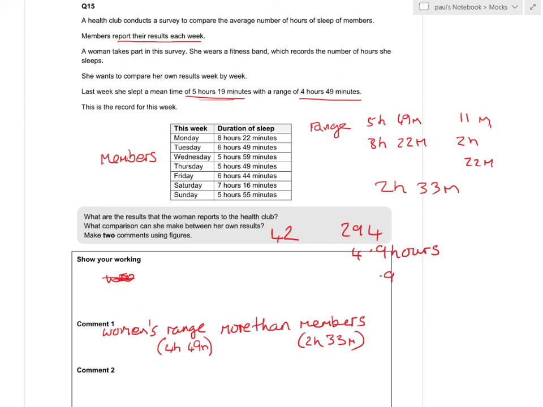Now 0.9 times 60 is 54 minutes. Oh gosh, this is hard. How am I going to divide all that?